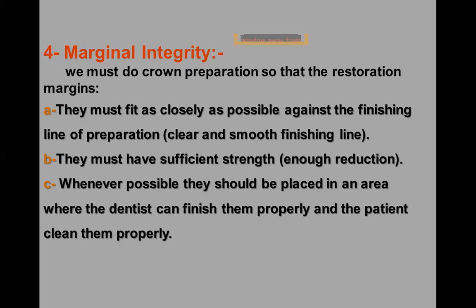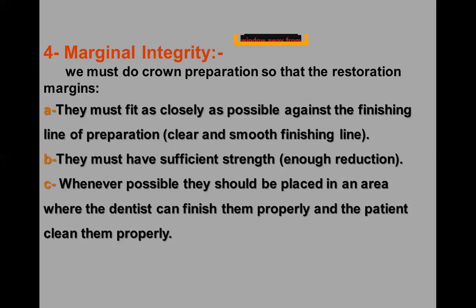Second, they must have sufficient strength. What does it mean? We must have enough reduction from the area near the finishing line to make the margin in strong thickness, to prevent its damage during the process of manufacturing the crown.